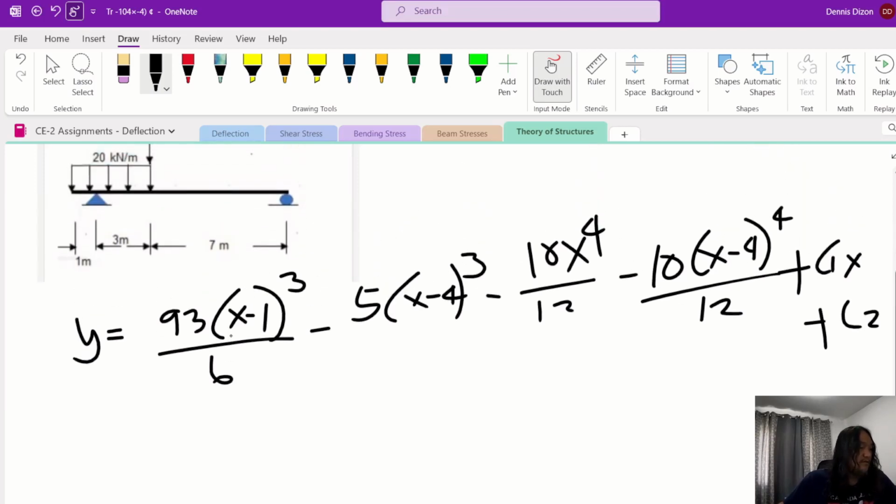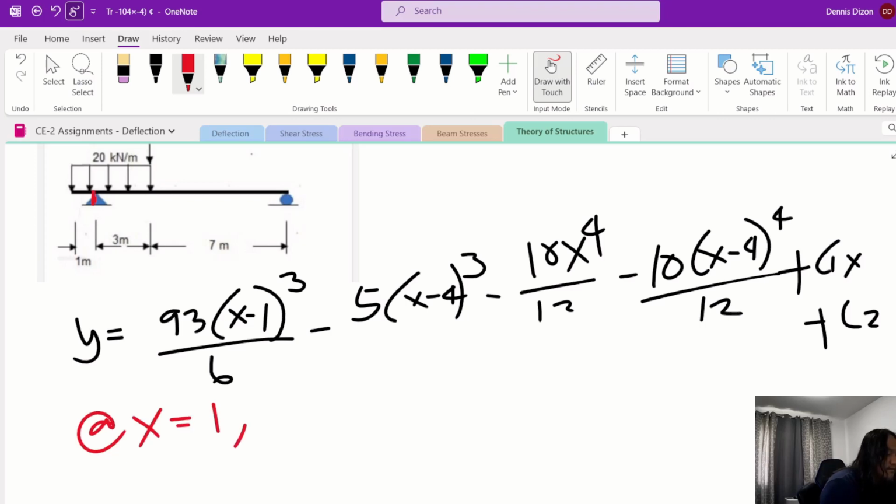So first, we will say at x is equal to 1, right here, at point A, the deflection is 0 because that is at the support. So we can say at x is equal to 1, our deflection is 0.